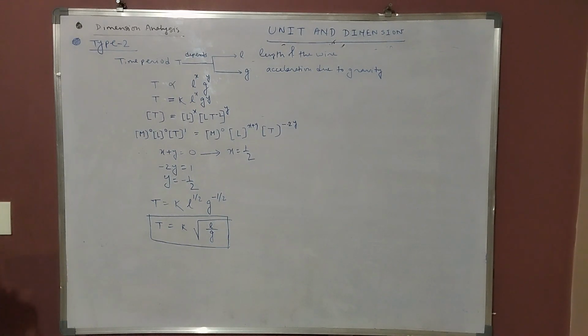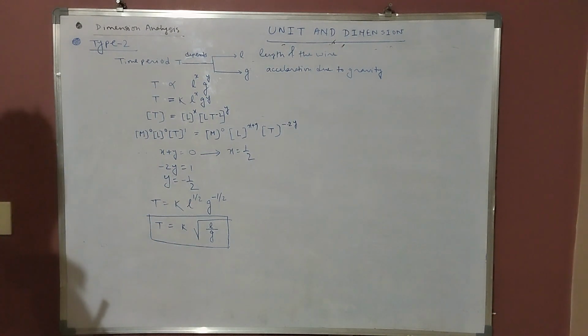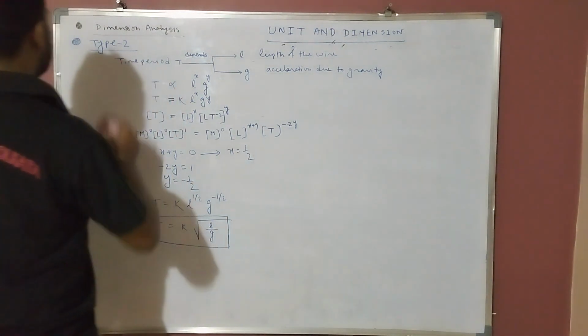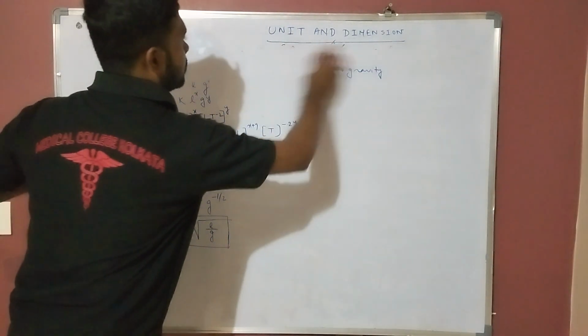By dimension analysis, we can find out the mathematical expression. This is type 2. Now we are going to type 3.